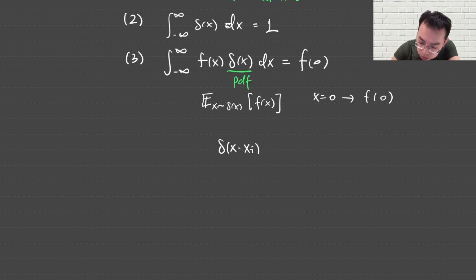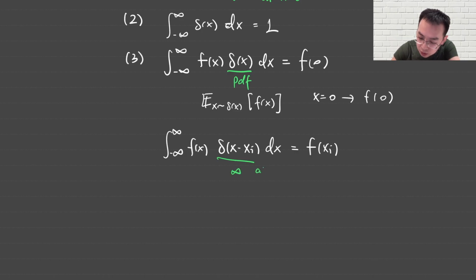If we do this with the integral of f, that's going to pick up the value f of xi, because this shifted function takes a value of infinity at x equals xi and 0 elsewhere. So this is how we can convert a discrete function into an integral.